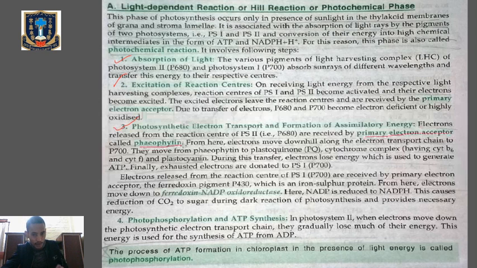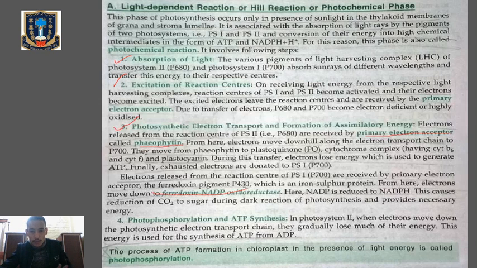Okay, so pheophytin is the primary electron acceptor of PS2. Similarly, the electron acceptor of PS1, listen very carefully, that means the electron which will be released from the reaction center of PS1 will be received by the primary electron acceptor, which is mainly composed of ferredoxin pigment P430. Okay, so let's see the flow of electrons.